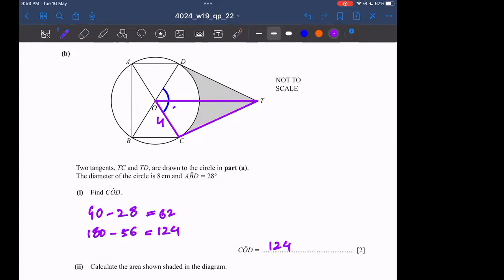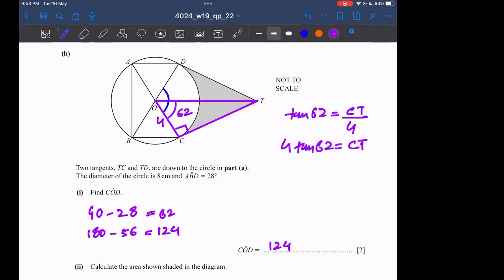There's this angle over here, 62. I'm finding out this side CT here. So what is CT? You're going to use tan 62, opposite over adjacent. Opposite is CT. This is 90 degrees here because this is the tangent with the radius. Adjacent is 4. So 4 into tan 62, you will get the answer for CT.